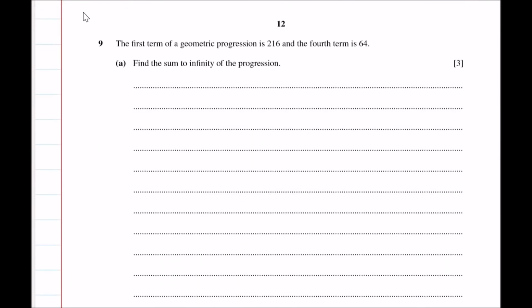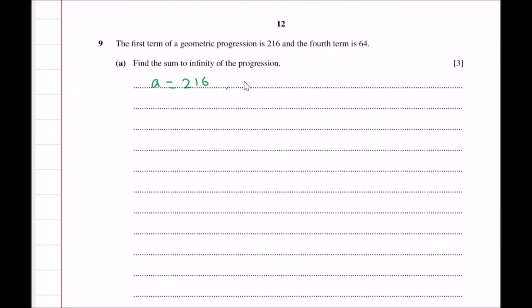Right. Let's go to the next question now. In this question, it says the first term of a geometric progression is 216 and the fourth term is 64. Find the sum to infinity of the progression. So here first term is given, so we'll write a equal to 216.